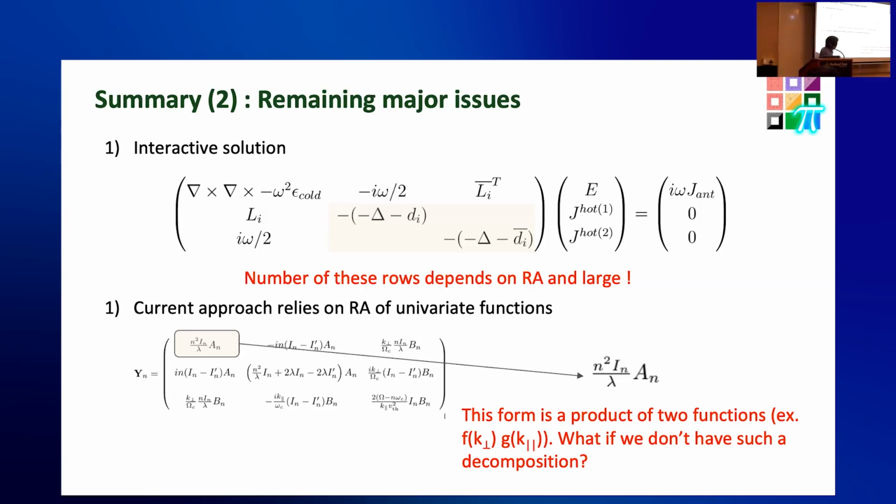We rely on the fact that this function is a product of two separate functions, one depending on K parallel and one on K perpendicular. Well, it's not always the case. If, for example, plasma becomes very hot, then you need to introduce relativistic electrons and so on. Then this decomposition doesn't always work, and we need to think about how to do it.